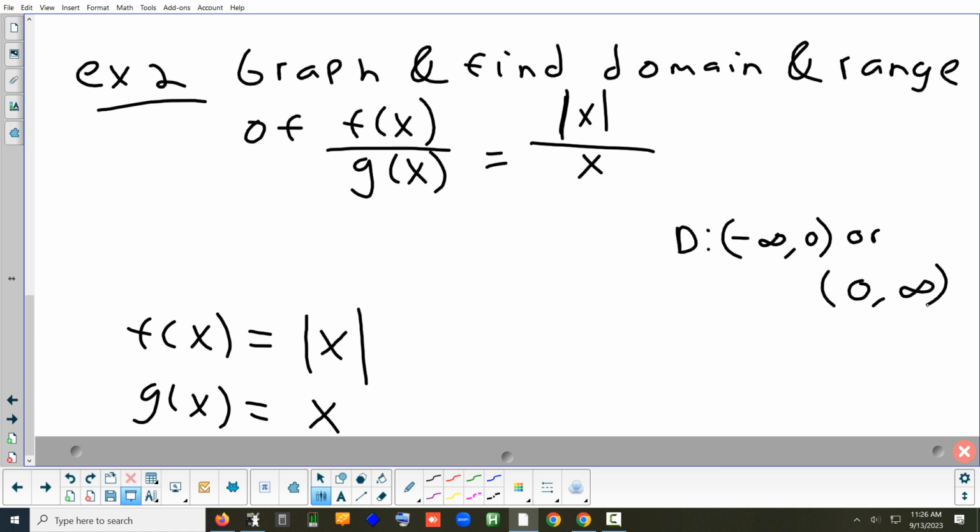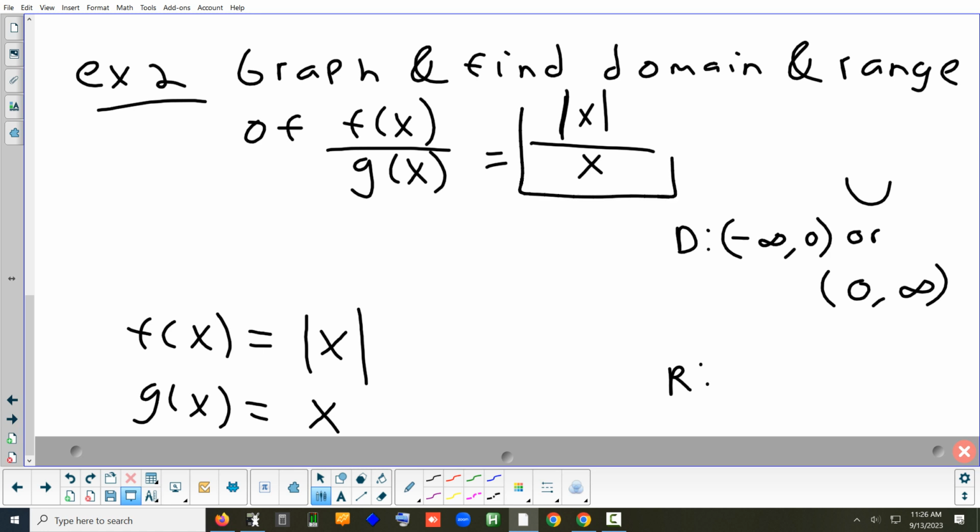So it's everything below 0 and everything above 0. And sometimes in place of the word or, you'll see this symbol. That symbol in math means or. It technically means union, which is like or. So that's your domain.